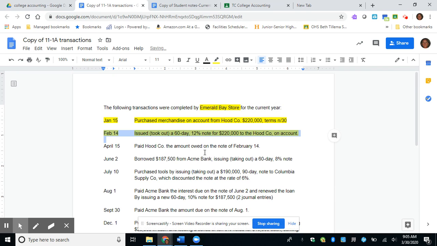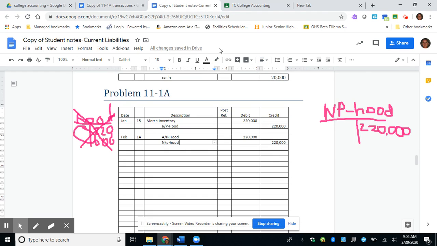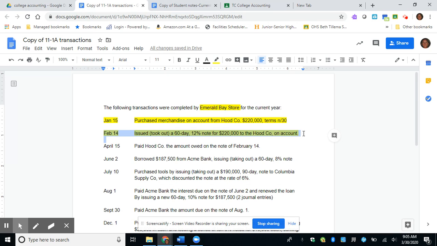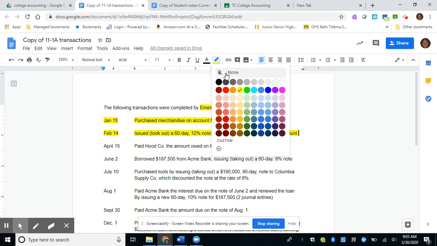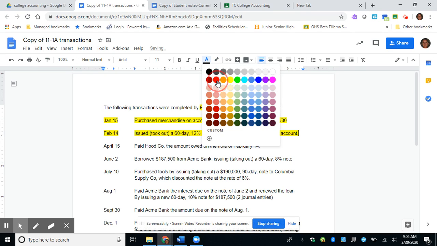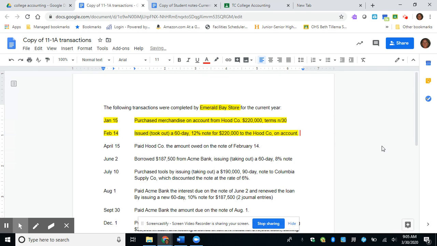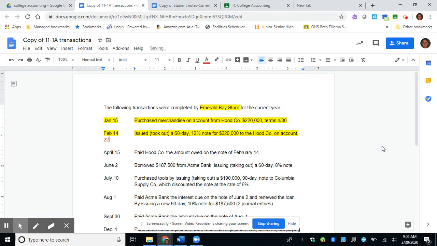On April 15th, I paid the amount owed. So before I go back here, let's figure out how much interest we owe on this. You have to take the face value of the note, which is $220,000. And you're going to multiply it by the 12%.